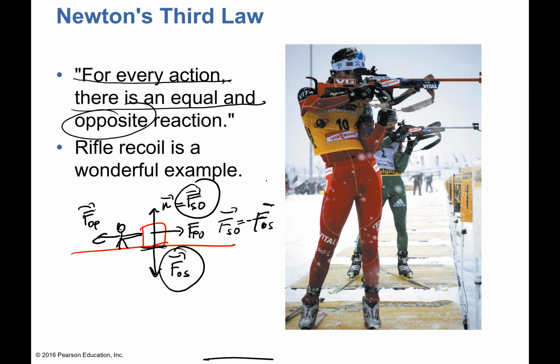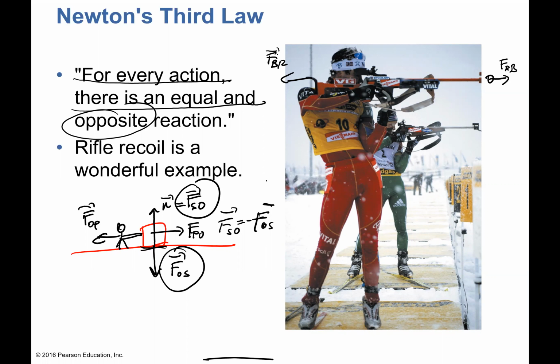The rifle hits the bullet, the mechanism side, and the bullet is pushed to the right. So this is the rifle pushing the bullet to the right. But at the same time, when the rifle pushes the bullet, the bullet pushes the rifle in the opposite direction. This is the bullet on the rifle.